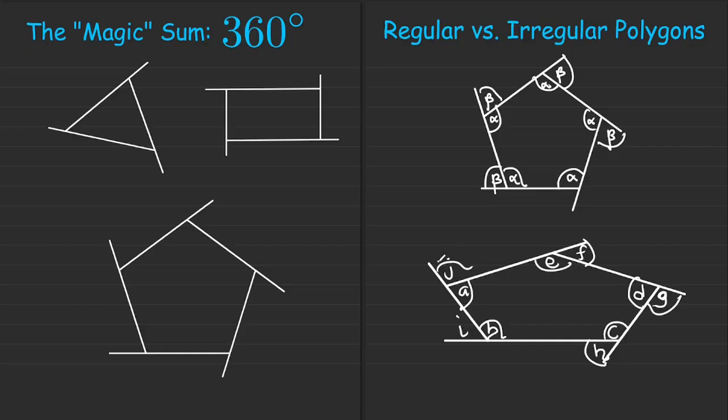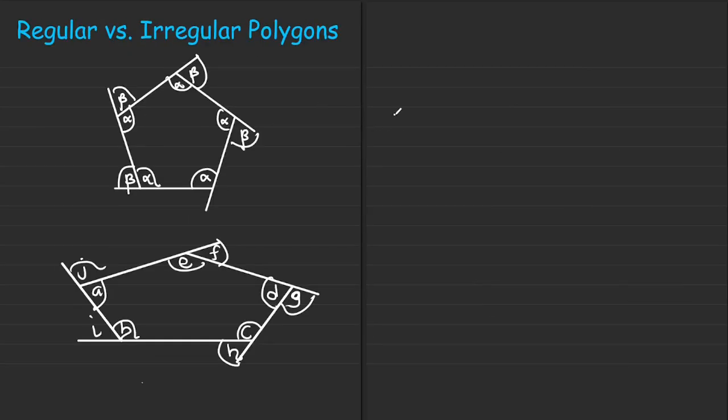Hence, we have a general formula for an exterior angle of a regular polygon. Now this formula goes like this. First of all, we know that the sum of all the exterior angles of a polygon is actually what? 360 degrees.